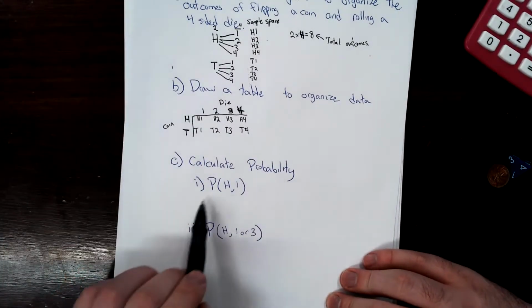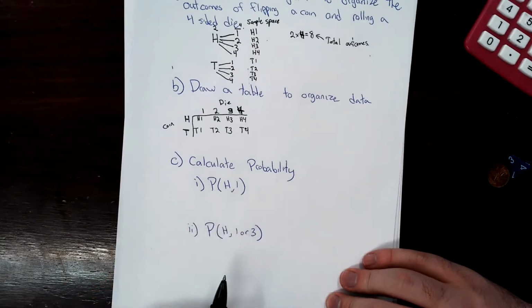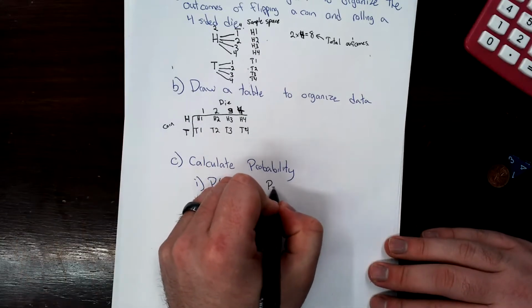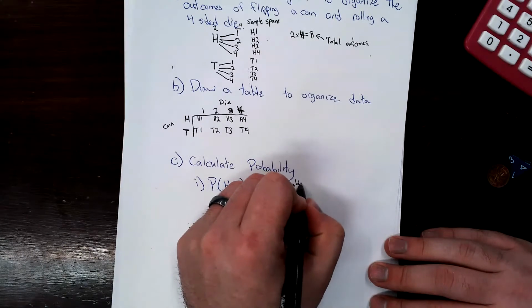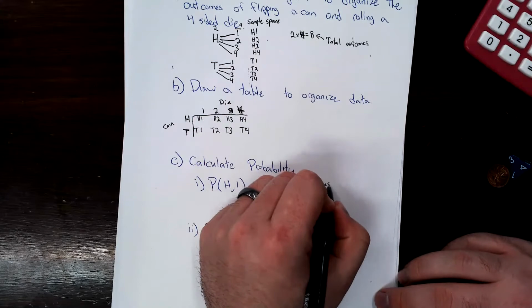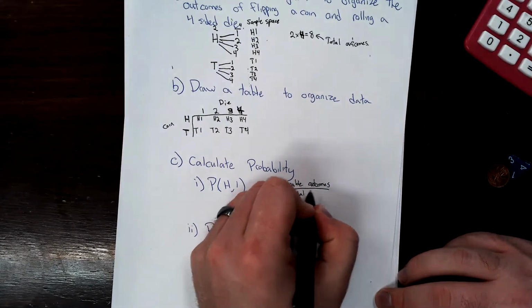Then it says calculate the probability of getting a heads and a 1. Remember, our formula for probability is equal to favorable outcomes divided by the total amount of outcomes.